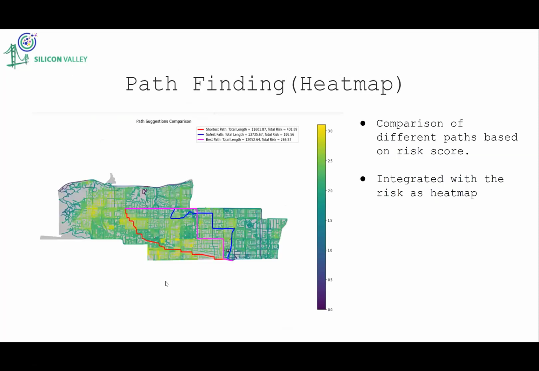And this is a heat map which compares all 3 paths. This red one is the shortest path, this blue one is the safest path, and this magenta colored one is the optimal path where we are reducing the distance as well as the risk score.